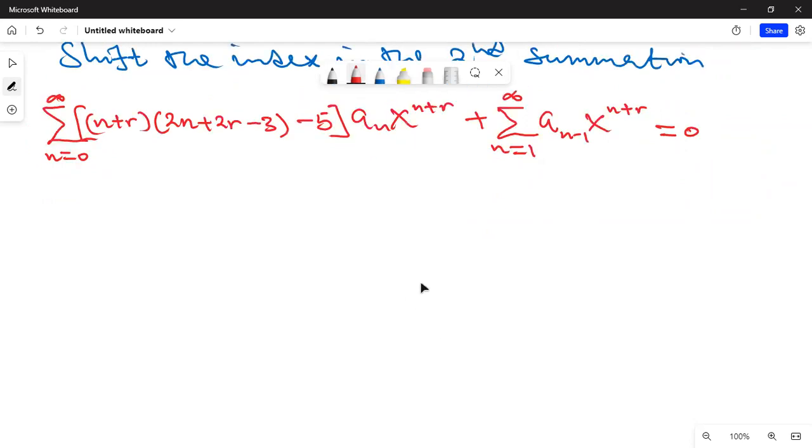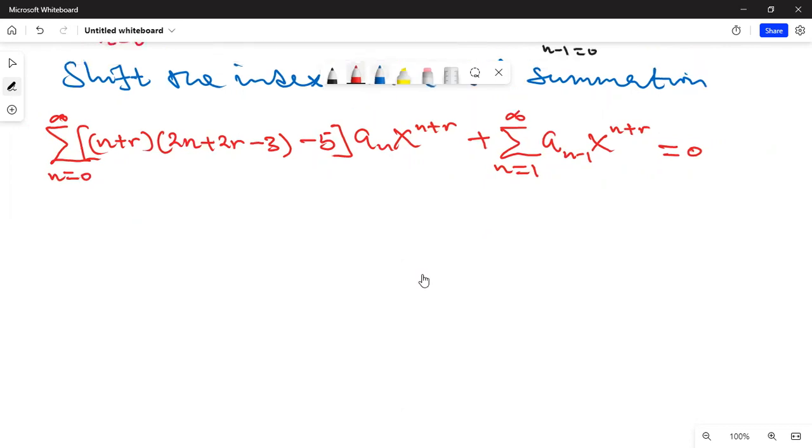So what we do is put n equals 0 in the first summation. When I put 0, I'm going to get r times 2r minus 3, minus 5, which should multiply a naught, then x raised to r.